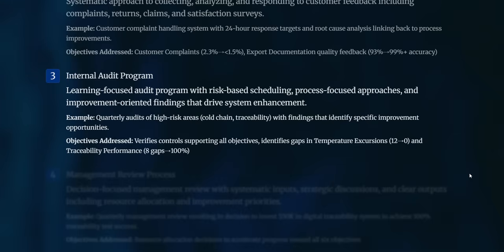An example for our internal audit program includes quarterly audits for high-risk areas such as cold chain and traceability, with findings that identify specific improvement opportunities. Objectives addressed with our internal audit program include: it verifies controls supporting all objectives. It identifies gaps in temperature excursion elimination and traceability performance.